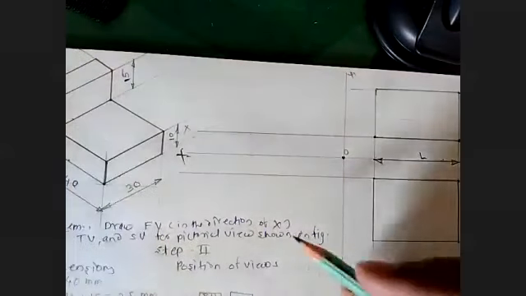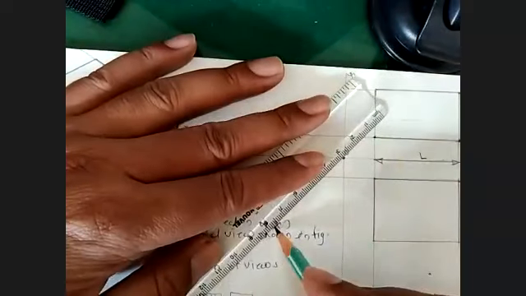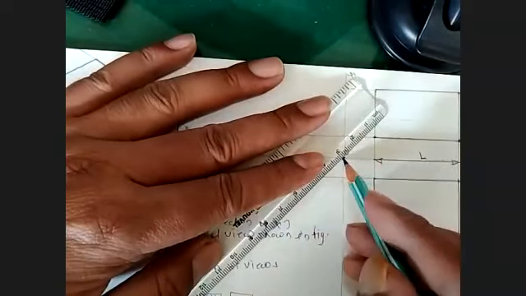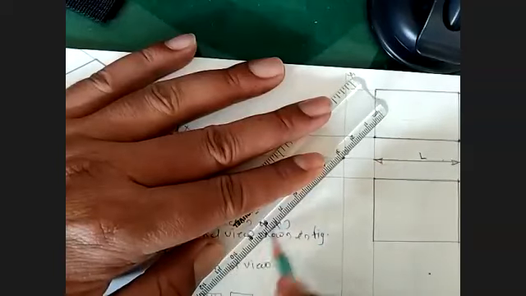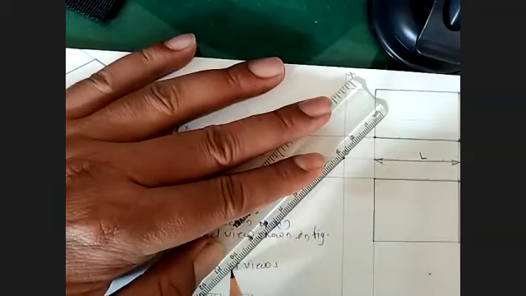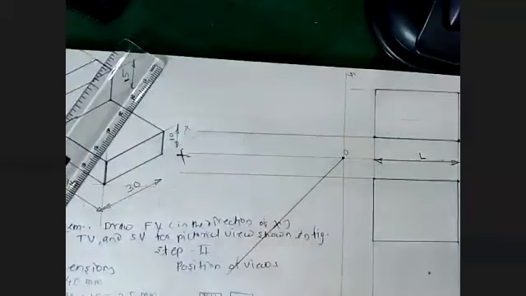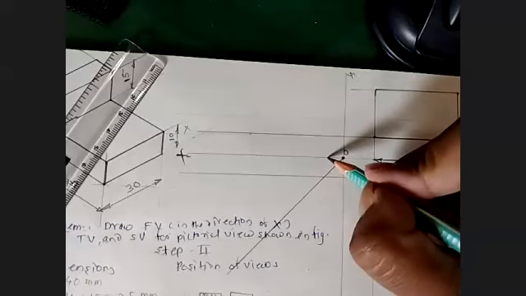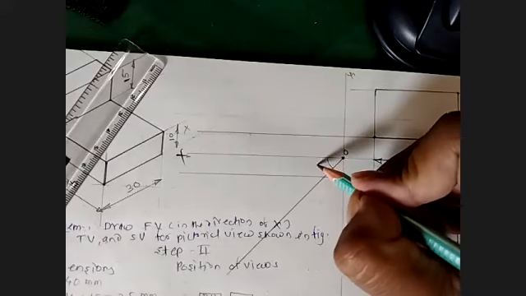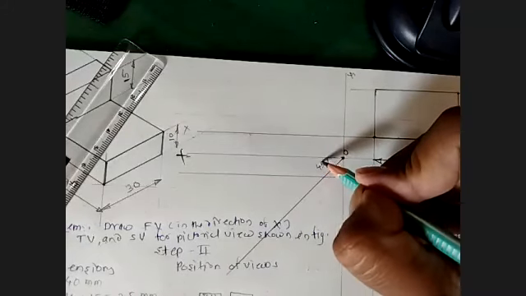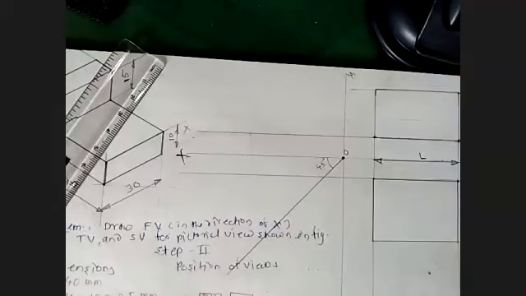It is a little inserted, overlapping with the right, but not an issue. You have to just carry the concept from here. This is the line. This angle is how much? We have taken it 45 degree. This angle is 45 degree.